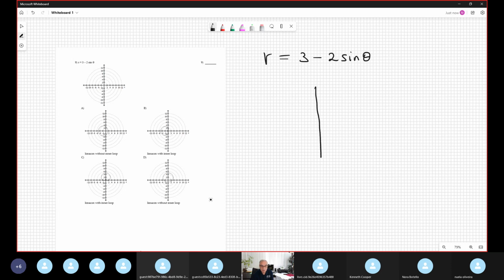Let's double check in Desmos. The limacon looks like, in my opinion, like that. Let me see, something like that, no? Something like the orange or the apple, I don't know, like that, and open down.